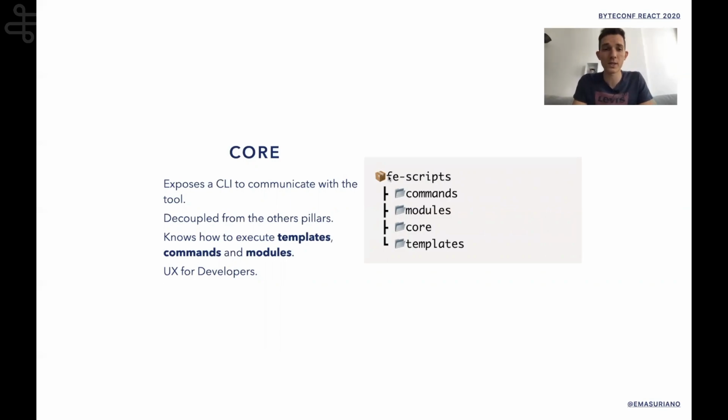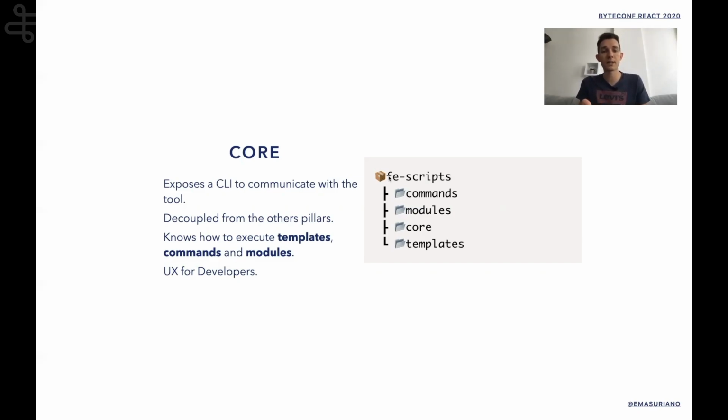Another good thing is it's totally decoupled from commands, modules, and templates. This type of architecture is great because we just code core once, and every time we want to extend the functionality of FS scripts, we don't need to go and add a new if. We just add a new template, a new module, a new command. It's a very good way of working.